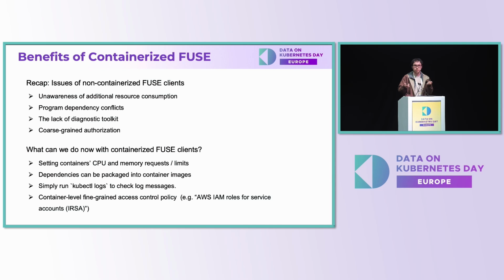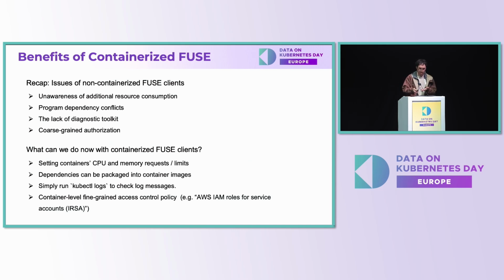Also, it is easy to check Fuse log messages to know exactly why an error happens. You can simply use tools like kubectl logs or logtail to check the container's log messages. So there's no need to log onto the node, find the process number, and see its stdout or stderr.